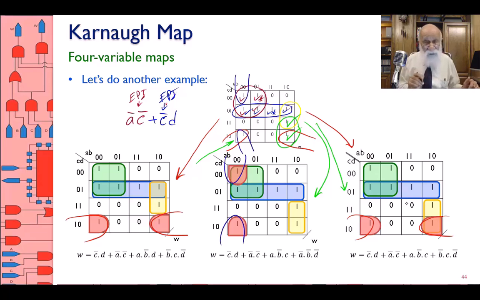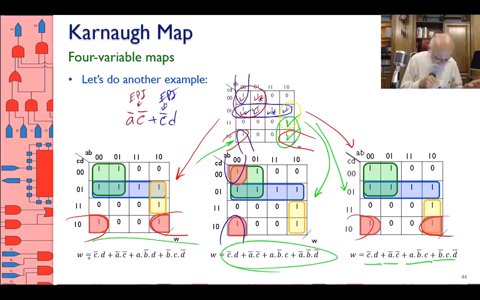What do I have? I have three different solutions for this. All of them are good. All of them have 4 terms, 2 of them 2 variable terms, 2 of them 3 variable terms. They are different, but they are all the same, and they realize this function completely.